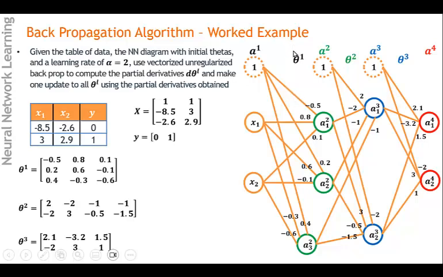The from is the columns, and the 2 is the rows. So from node 2 to node 1 is this here. Okay, so all of these numbers do make sense.